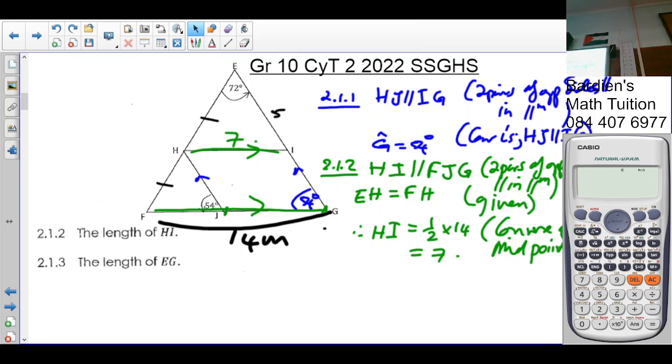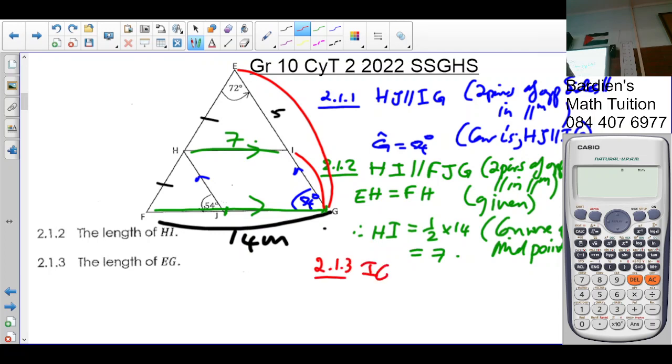Okay. 2.3, the length of EG. So EG, this whole length here, not so. But firstly, I know that IG, 2.1.3, I know that IG is equal to 5. Why is IG equal to 5?